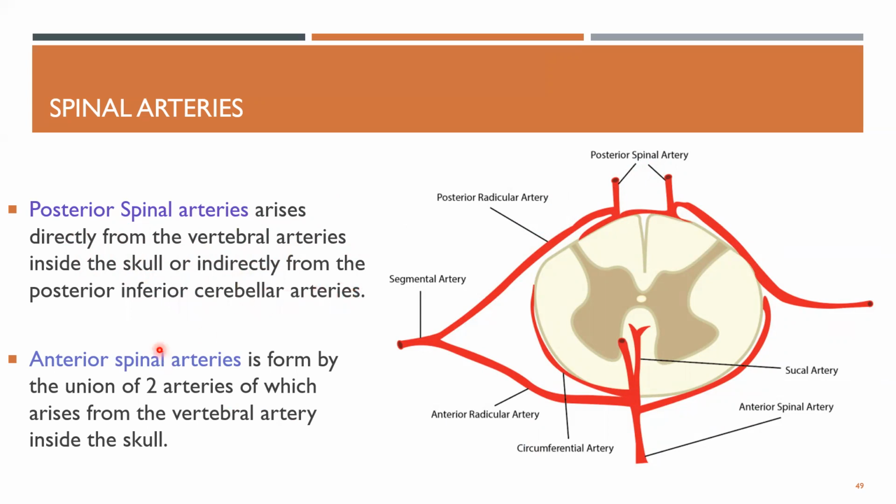Posterior spinal arteries may arise directly from the vertebral arteries or from their branch, the posterior inferior cerebellar artery, or PICA. And we all know that the anterior spinal artery is formed by the union of two arteries, each of which arises from the vertebral artery inside the skull.